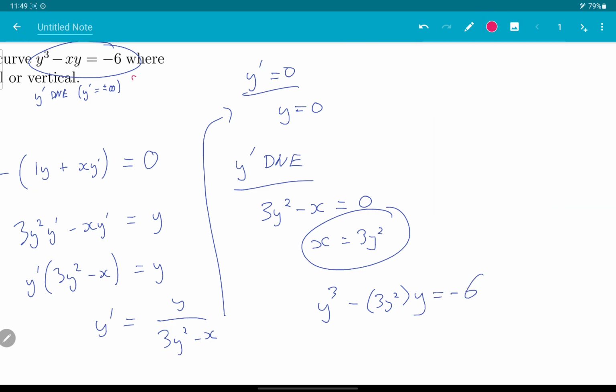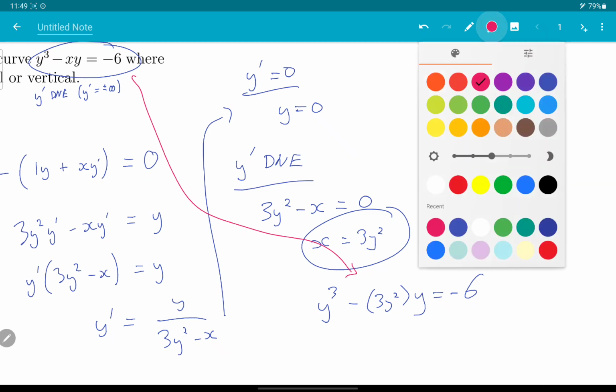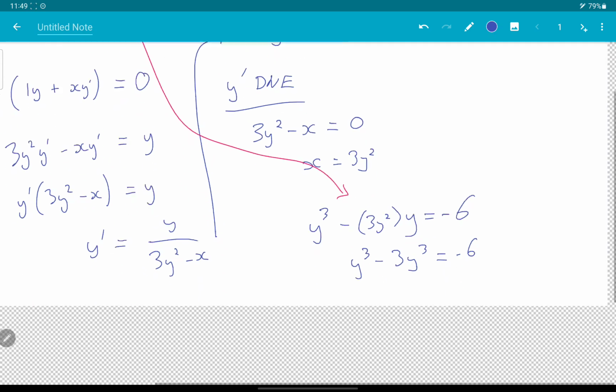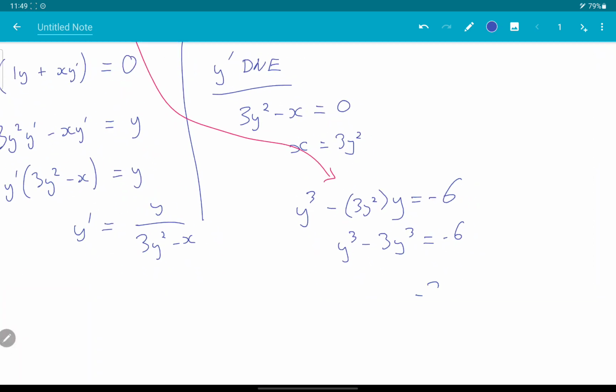Okay, so again, I took this and used it there. Basically plugging this in here. And what do I get? Y cubed minus 3y cubed is -6, giving me minus 2y cubed is -6, so y cubed is 3.